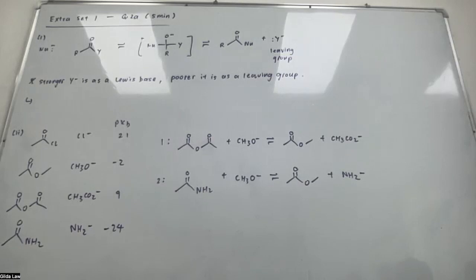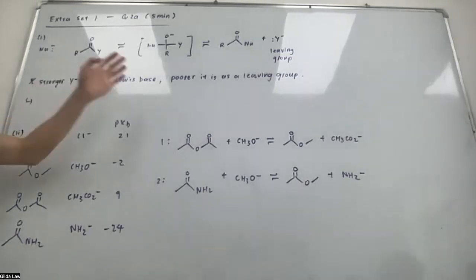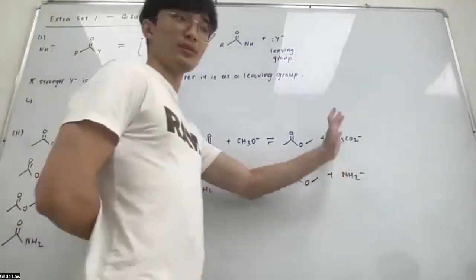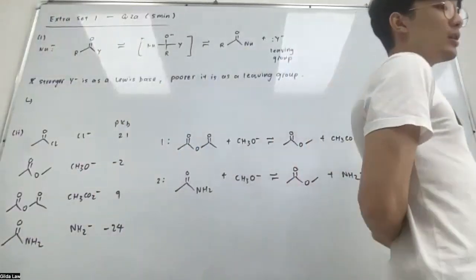With all the leaving groups in reaction 1 and 2, we're going to write down the pKbs for each one of them, then go and compare. What does a bigger pKb mean?